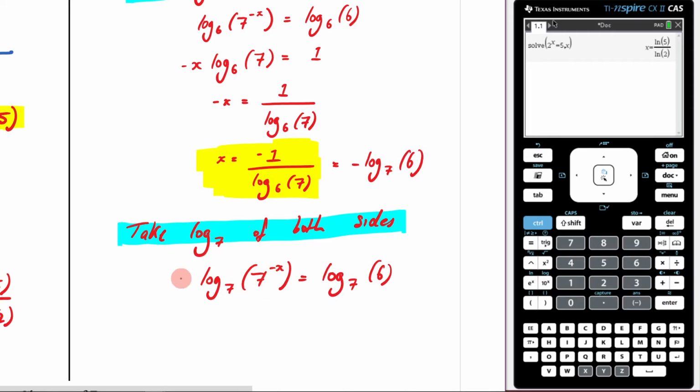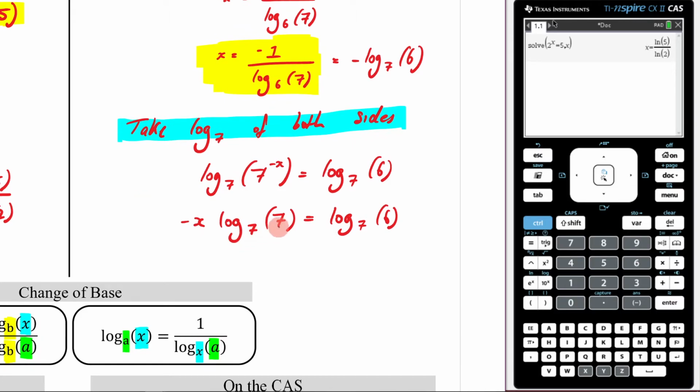Now, the negative x comes to the front. Negative x times log base 7 of 7 is equal to log base 7 of 6. Now, what's log base 7 of 7? That's just going to be 1. Then I've got log base 7 of 6. Therefore, if I get rid of that negative, I bring it to the other side, I'm going to get negative log base 7 of 6.